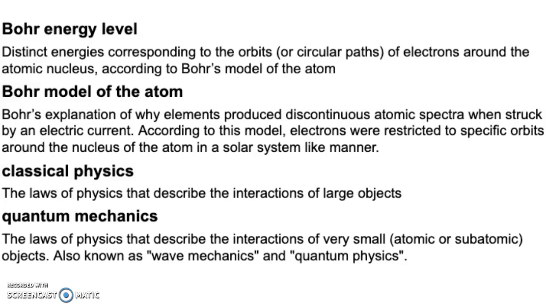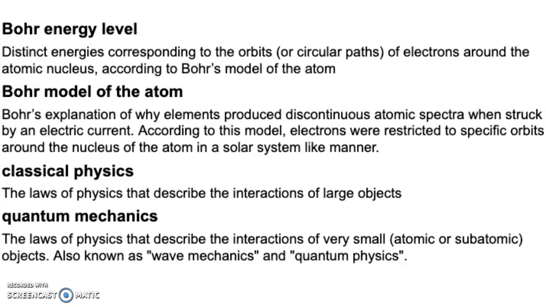So the energy level is referring to distinct energies that correspond to orbits or circular paths of electrons around the atomic nucleus. It's determined now that it's more spherical, but we represent them in two dimensions as circles.